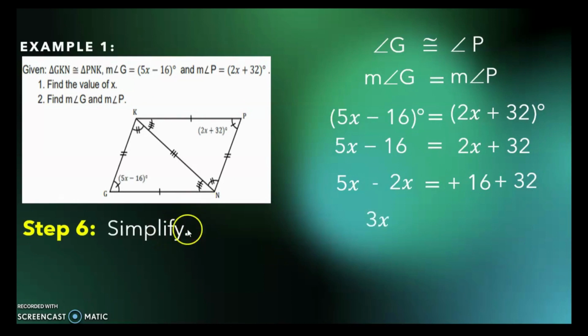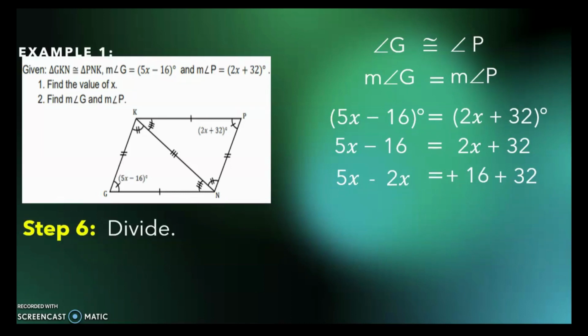Our next step is to simplify, so let's add them. 5x minus 2x is 3x, equals 16 plus 32, which is 48. Our next step is to divide. Again, 5x minus 2x is 3x, and positive 16 plus positive 32 is positive 48. Since we need only x, we need to divide. The problem says we are going to find the value of x.